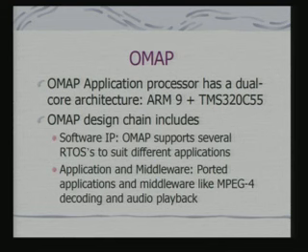The OMAP application processor, as we have already seen, has a dual core architecture, ARM9 as well as the C55 DSP, and its design chain includes software IP, that is, OMAP supports several real-time OSs to suit different applications. So, you can use those OSs to program this SoC for application development.